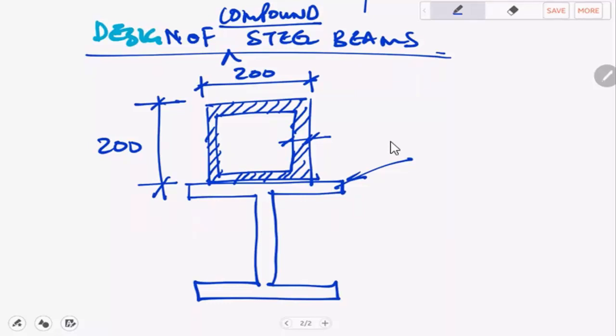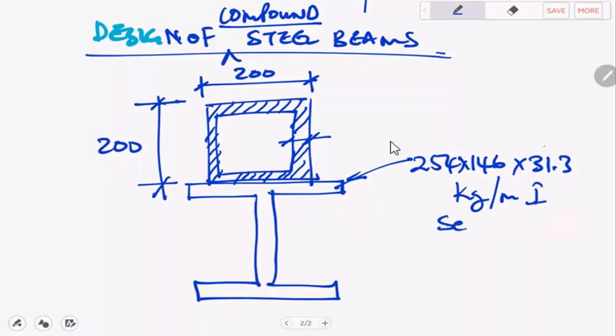So if this I section is a standard section, let's say you've been given an I section with parallel flanges, and that I section with parallel flanges is, let's say, a 254 by 146 by 31.3 kg per meter I section with parallel flanges.